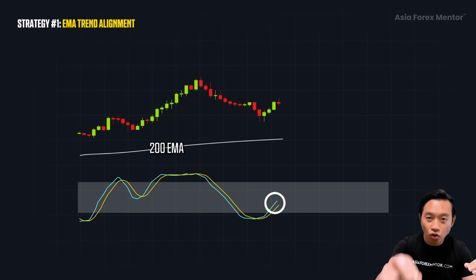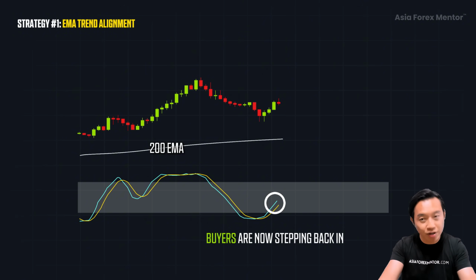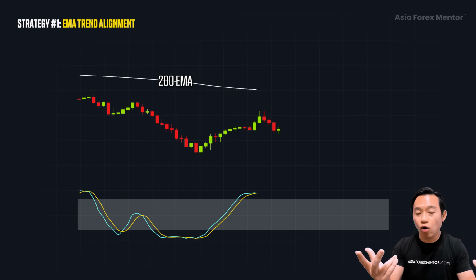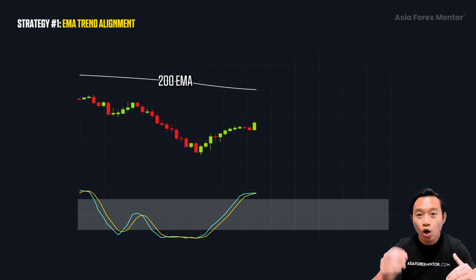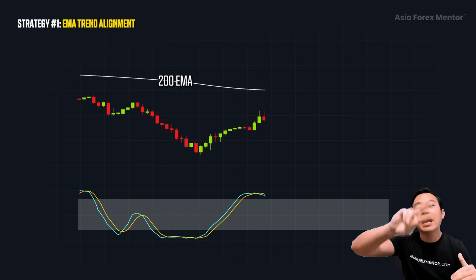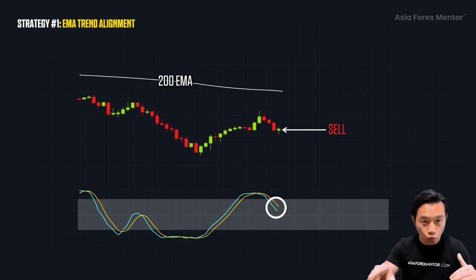Then that would be your green light, that the buyers are now stepping back in because the market is dipping for a pullback. The logic is the same for a sell setup. When the market is below the 200 EMA, wait for the stochastic to cool off at the overbought zone, and then when it comes down, catch the cross downwards.